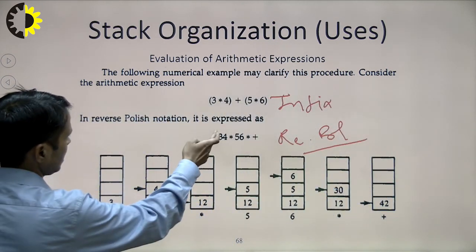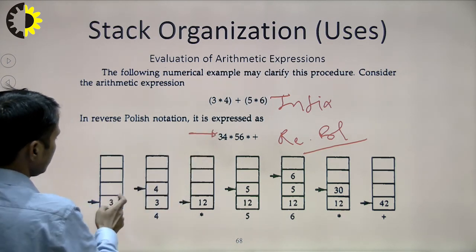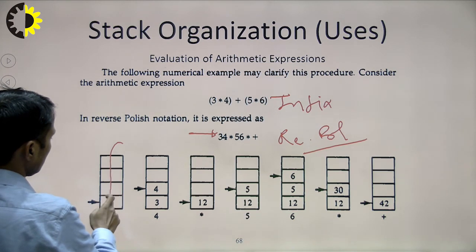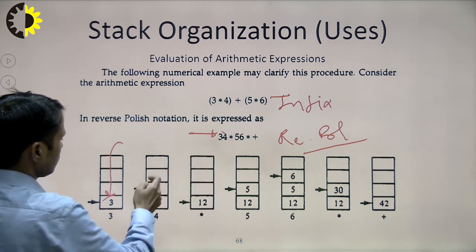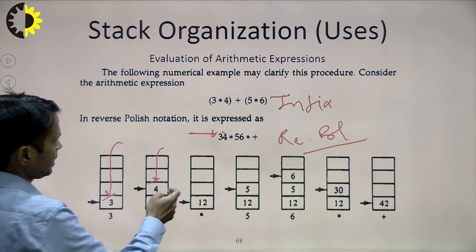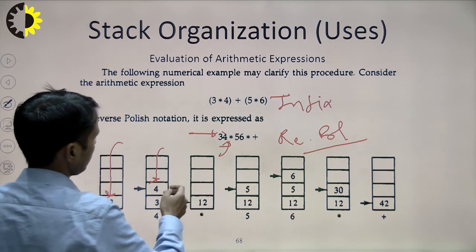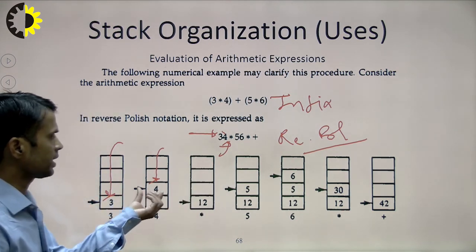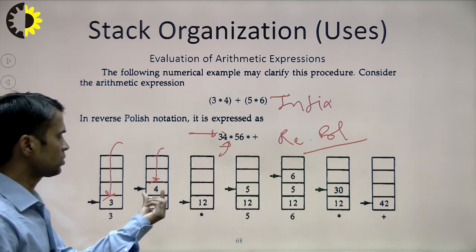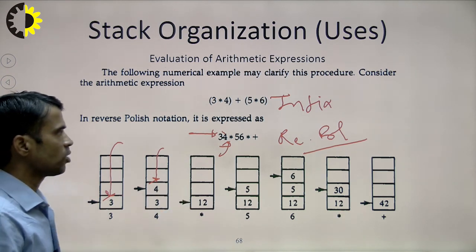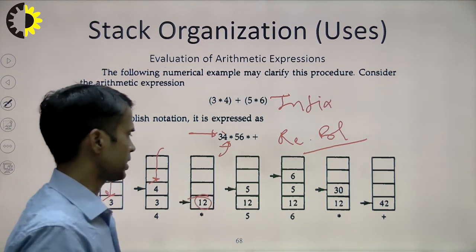When scanning is done from here, 3 is put here, that is, we push it, then we put 4 here, then as soon as it encounters an operation, it will take the last 2 inputs, 4 and 3, perform the multiplication, and store the result into the stack.